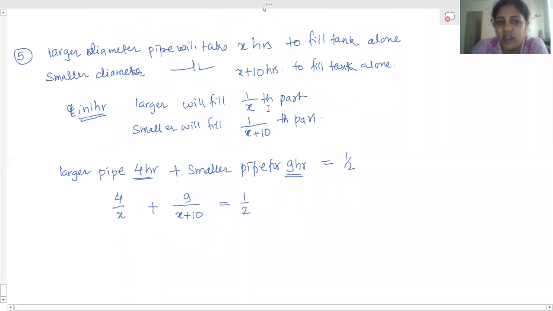Both are not used for 1 hour, both are not working, but for different hours they are working. So for that many hours, we have to calculate the part of the work done by them. This part of the tank is filled by the larger pipe, this part is filled by the smaller pipe, and altogether it is half. Thank you, ma'am. Everyone, is this question clear?